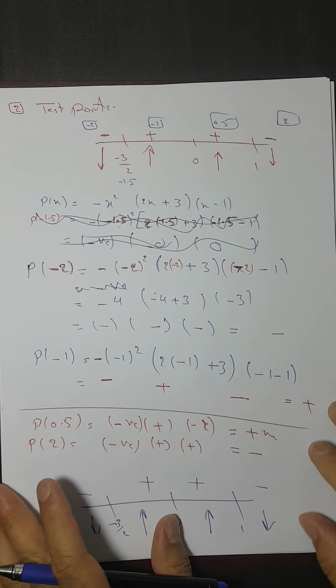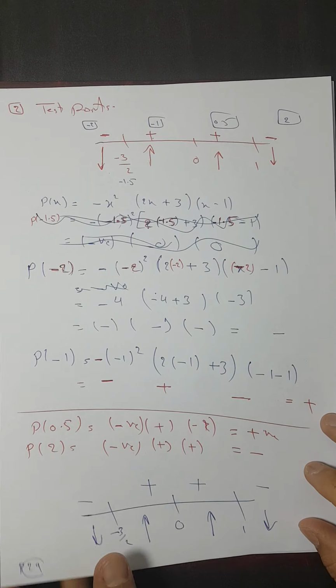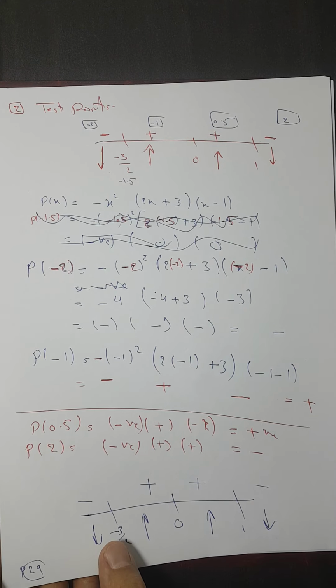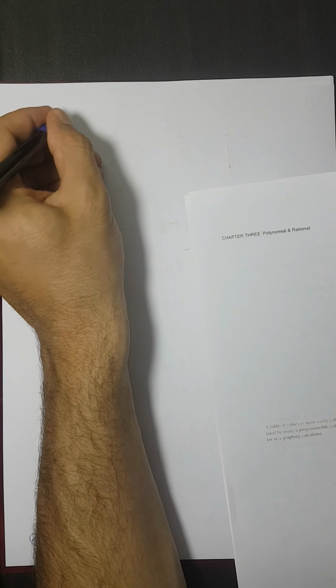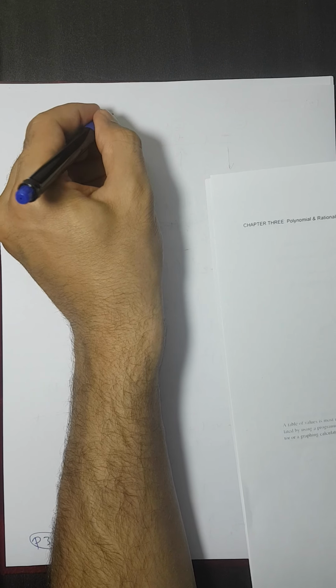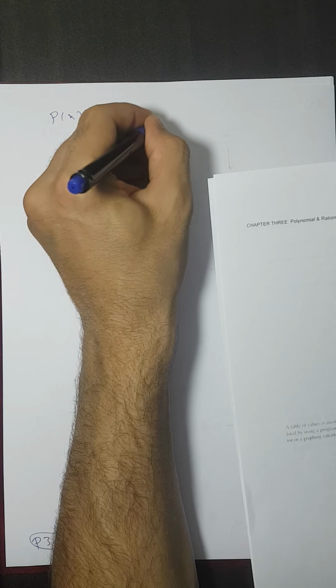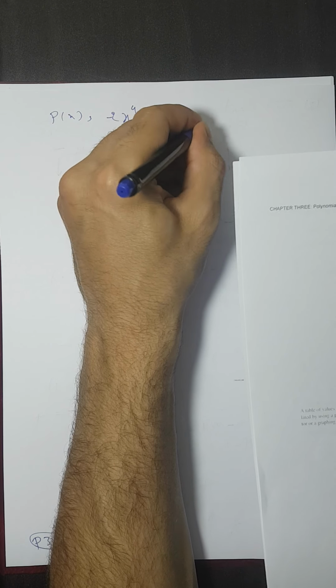Okay, now we finish the second part, and as usual in the example, we had p of x is equal to negative 2x to power 4 negative x cubed plus 3x squared.